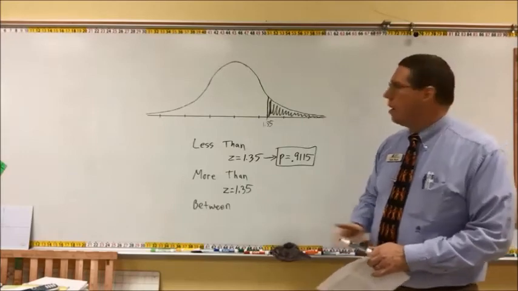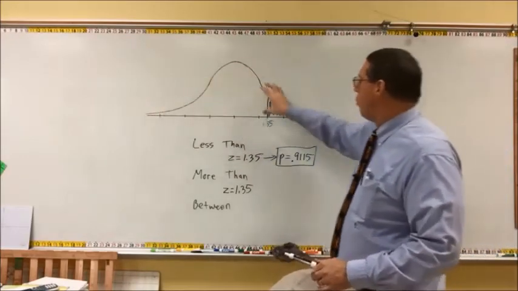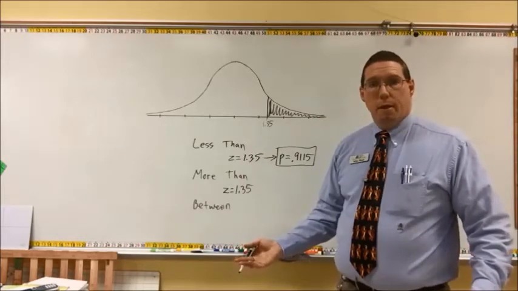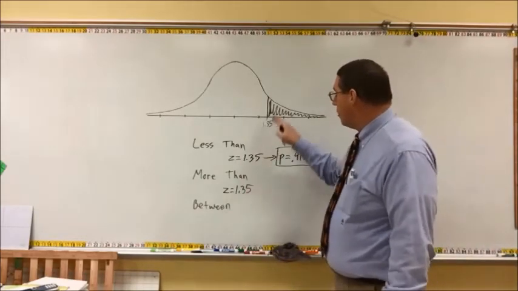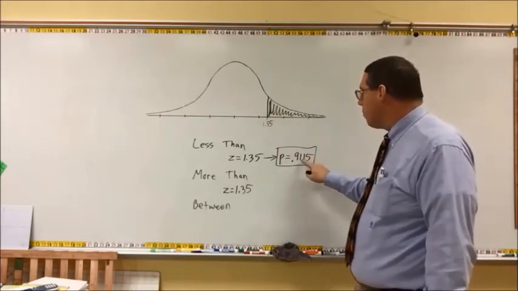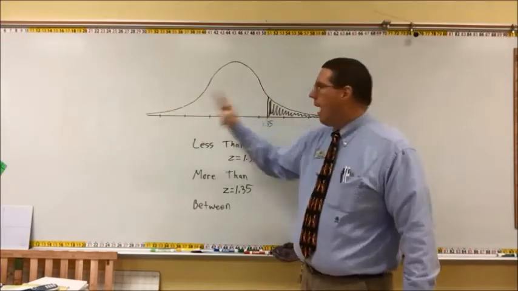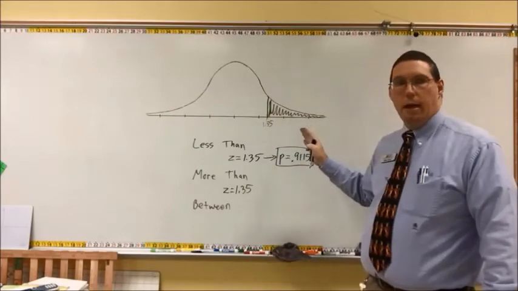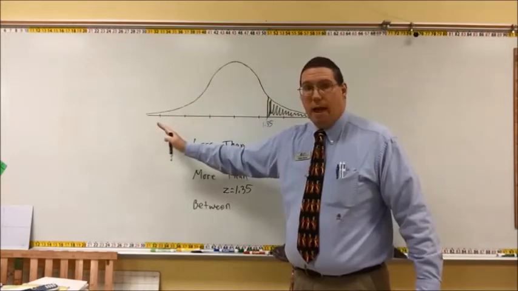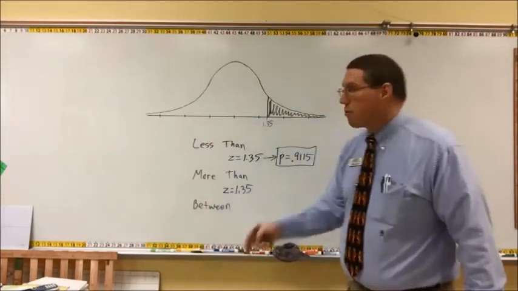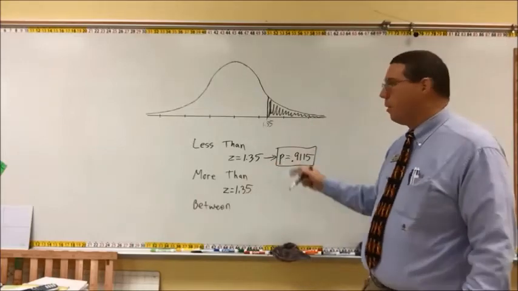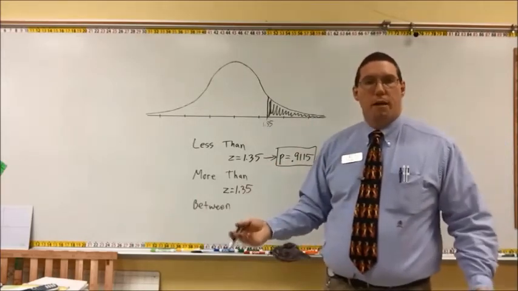Because the proportion of the whole thing is equal to 1, and remember, I said this is like a pie chart, if 91% is less than, then 9% is more than. The way I got that is by subtracting 91% from 100%.